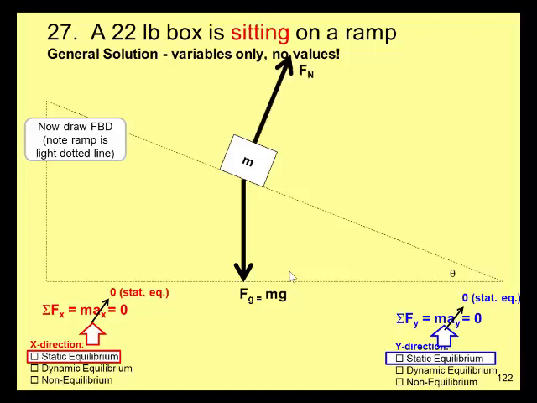Second is a force acting perpendicular to the ramp, because that's what normal forces do. We've got a normal force pushing up off the ramp that's perpendicular to the surface of the ramp, as all normal forces are, perpendicular to the surface. And if these were the only two vectors acting on this object, what would the object do? Well, are these balanced forces here? No, we've got a force pulling downward and a force pulling up and to the right.